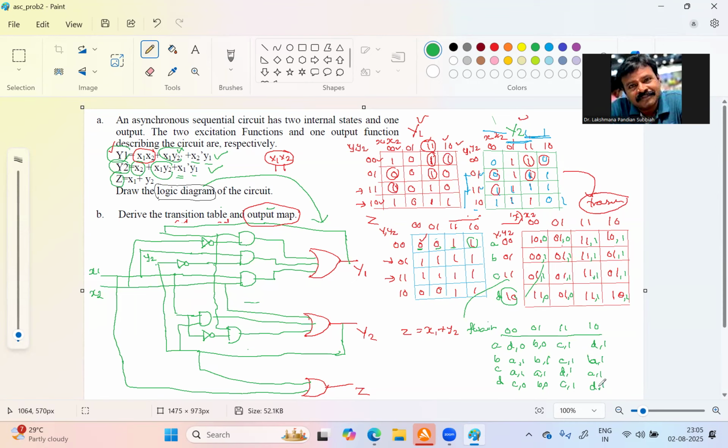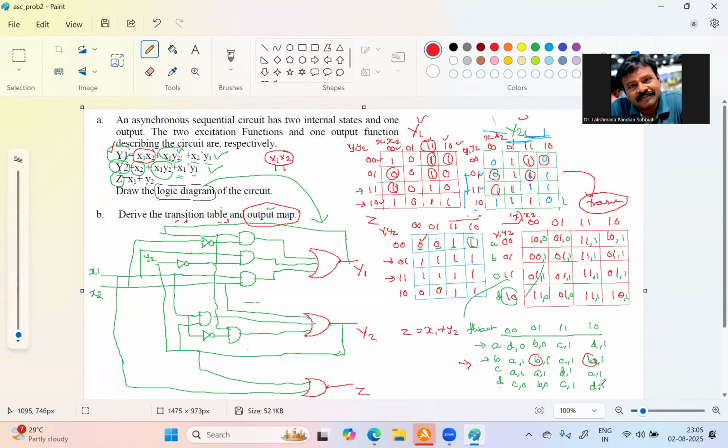Right? Now here what you have to do is, with the same name as that column, you put a circle. Here B is same. Here also B is same. So in the particular row, the B row, if the cell also has B, you put a circle. So that is a stable state.